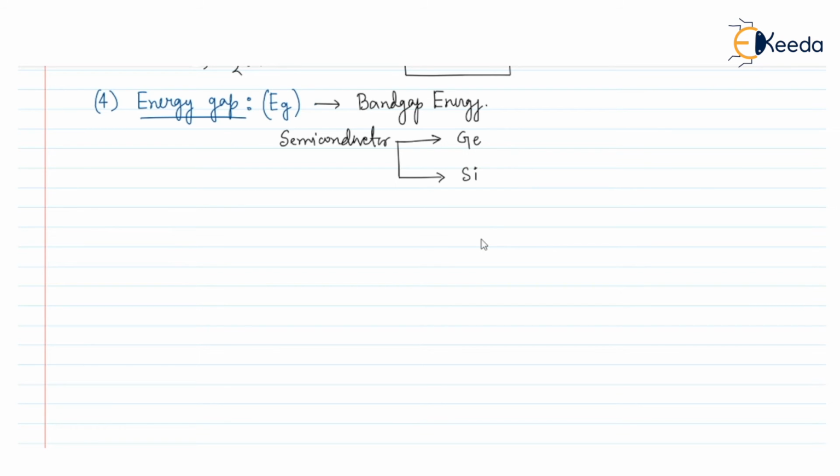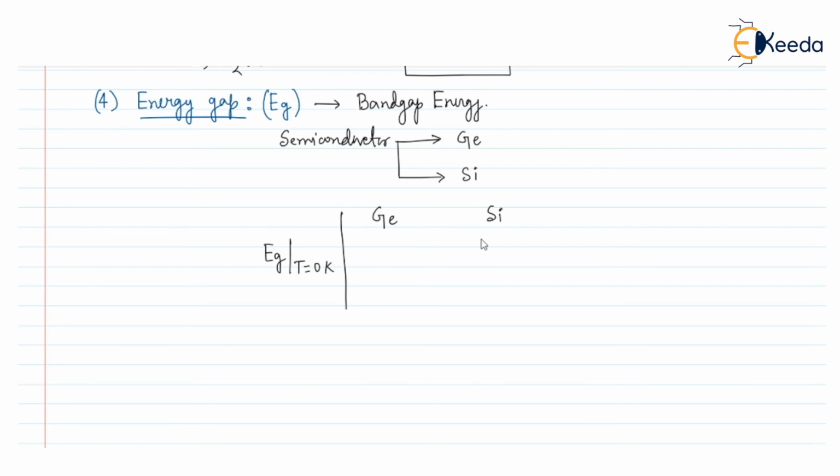So, if I see the value of germanium and silicon band gap energy, it will look like this: germanium and silicon have band gap energy Eg at T equals 0 Kelvin.